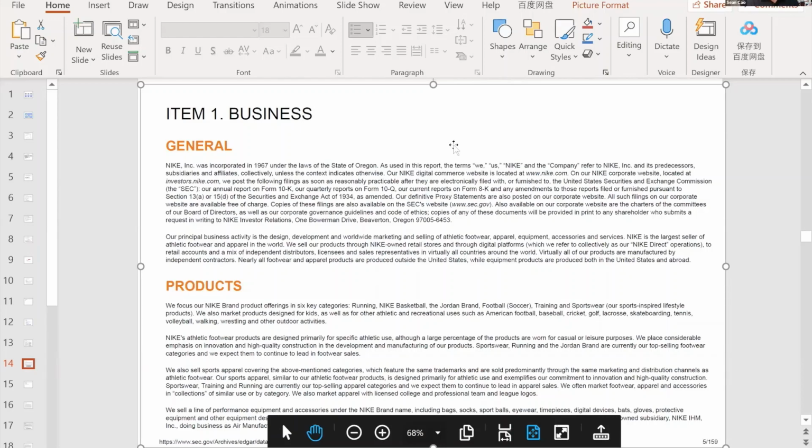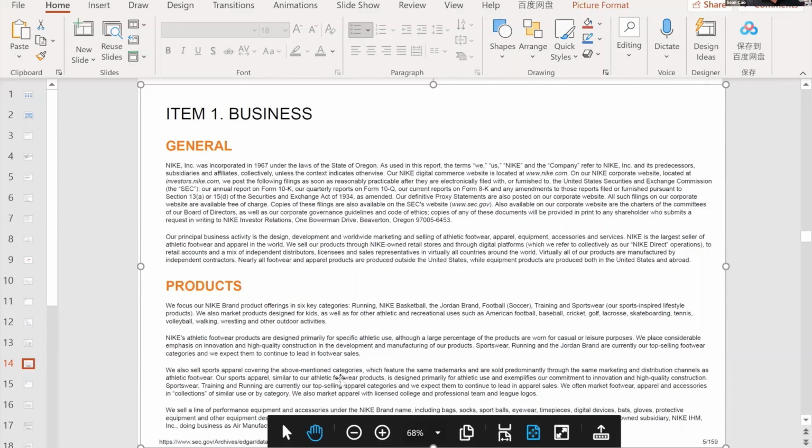So anyway, they put them together. Then training and sportswear, and we also market products designed for kids. And they have golf, tennis, volleyball, walking, and so on. This is their product line. They also target professional athletes.